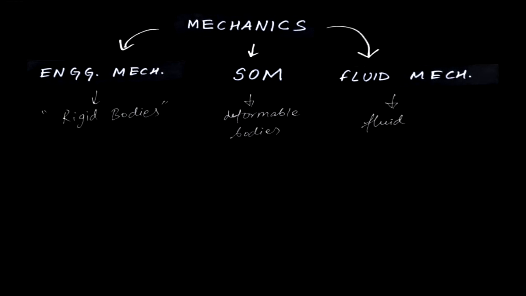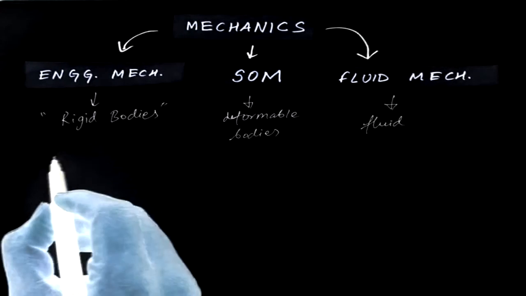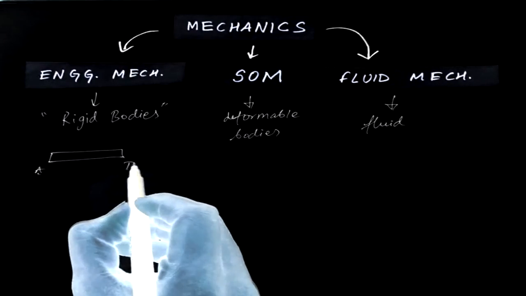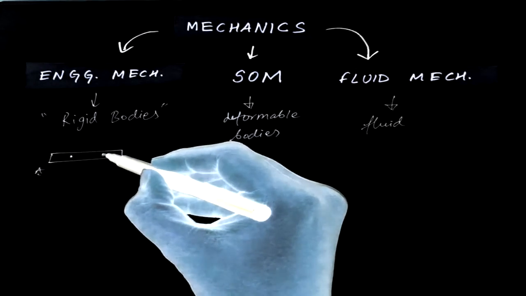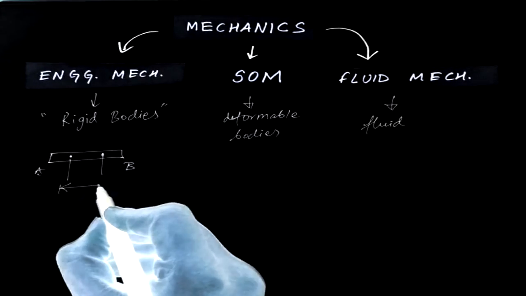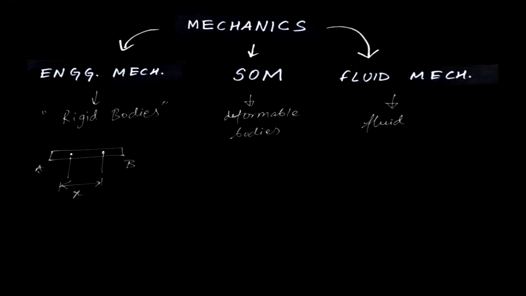So what are rigid bodies? Just for an example, if you are given an object A, B, and say we take 2 points in this object which are at a distance x.